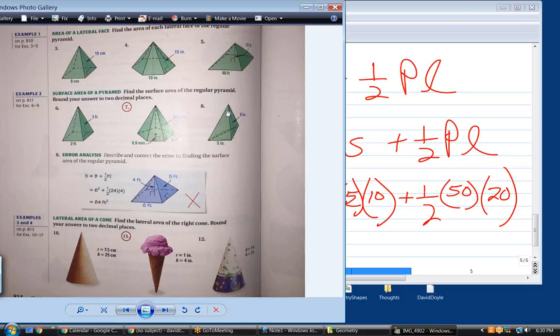This vertex right here is directly above the middle of that triangle. Not that we need it. In other words, the only thing we need for the surface area is the area of that triangle and the area, or lambda. What kind of triangle is that base?